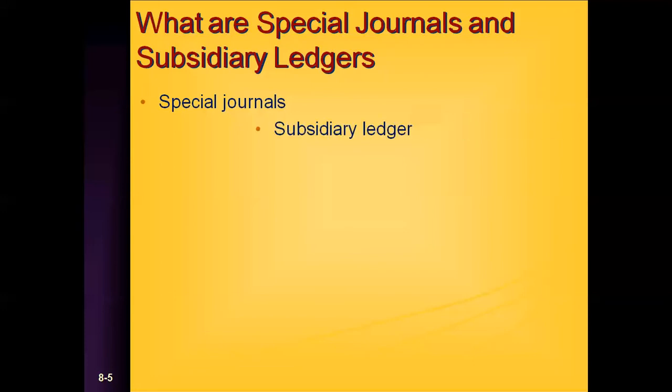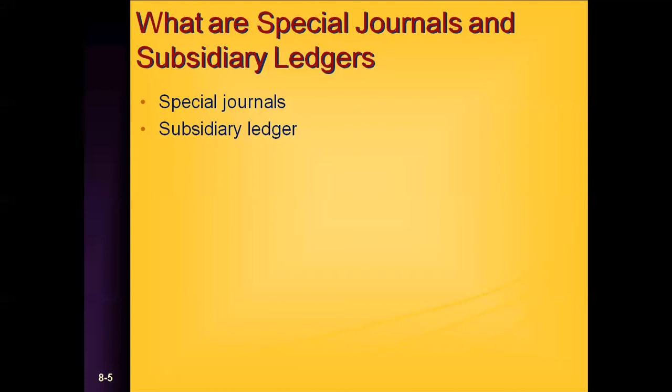Now, on the other side, the subsidiary ledger, again, is used to detail specific general ledger accounts where there's a lot of volume. This subsidiary ledger supports, but it does not replace the general ledger.